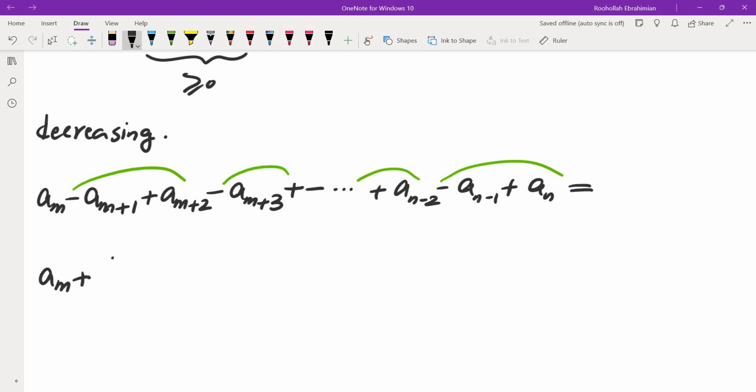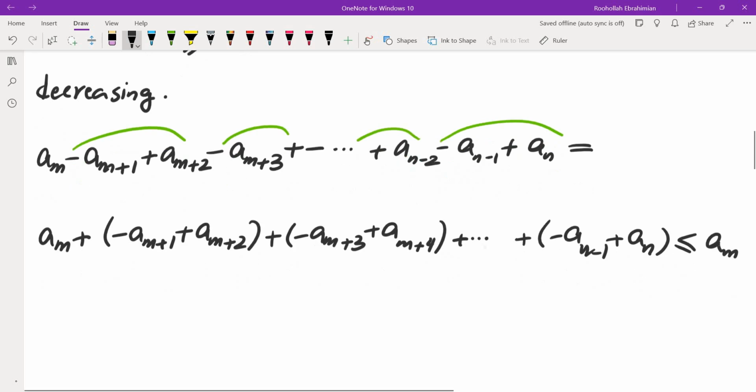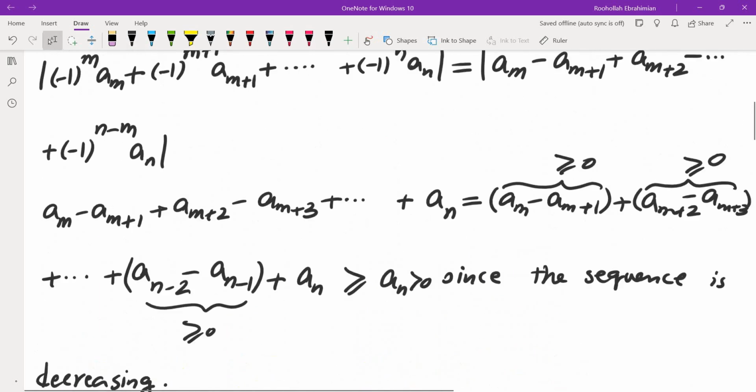So we're going to get this: a_m plus, minus a_(m+1) plus a_(m+2). Now notice that minus a_(m+1) plus a_(m+2) is less than or equal to 0. And then minus a_(m+3) plus a_(m+4), all the way to minus a_(n-1) plus a_n. And this is less than or equal to a_m for the same reason. Now, there are two cases as we discussed.